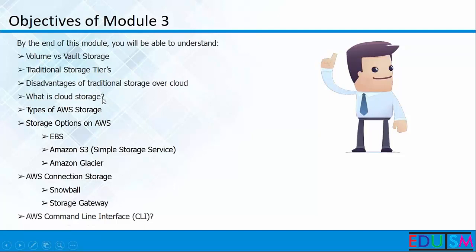Finally, we will come to the modern storage, that is cloud storage like Dropbox, Google Drive, S3. We will discuss the types of AWS storage. Then we will jump over to the various AWS services like Snowball, Storage Gateway, EBS, Glacier, S3, and we will also discuss command line interface as well.